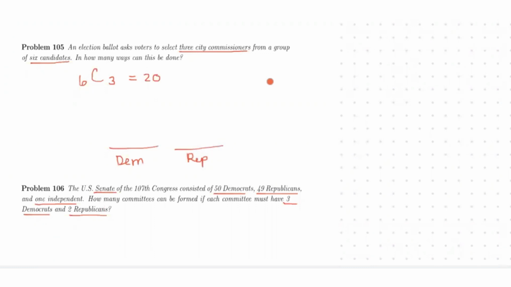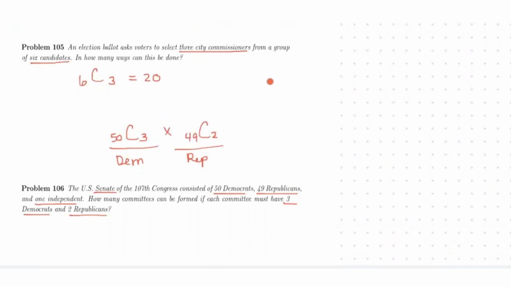All right, so we choose 3 Democrats out of 50. No repetition, order does not matter. Remember, committee members, order does not matter. So it's a combination. There are 50, we pick 3 from the Democrats. And the Republicans, we have 49, we pick 2. You multiply this together.